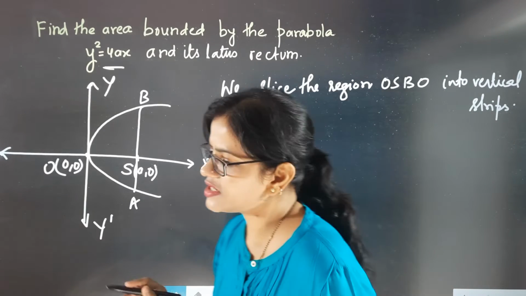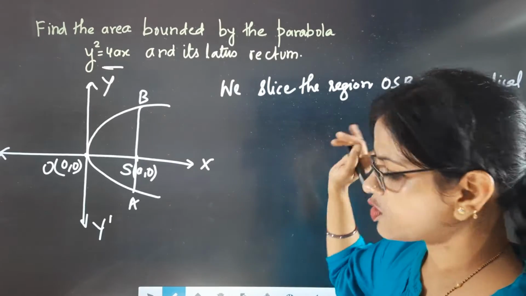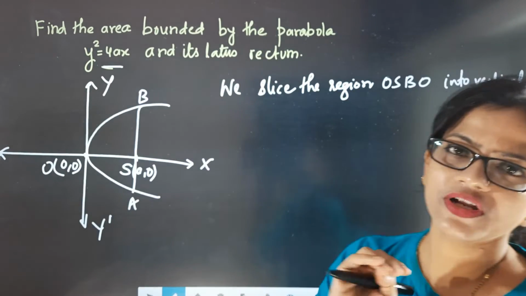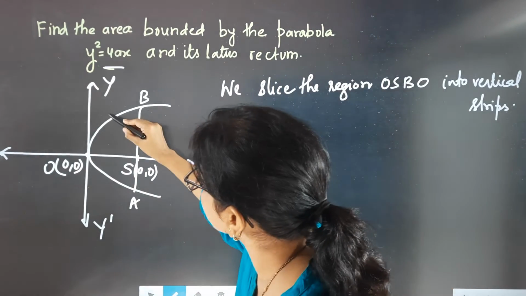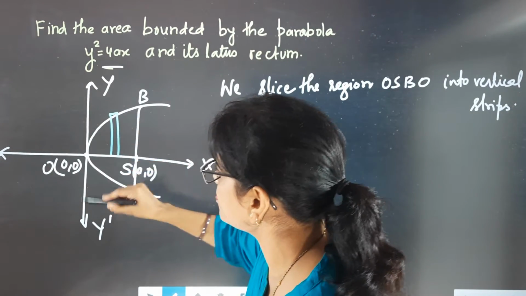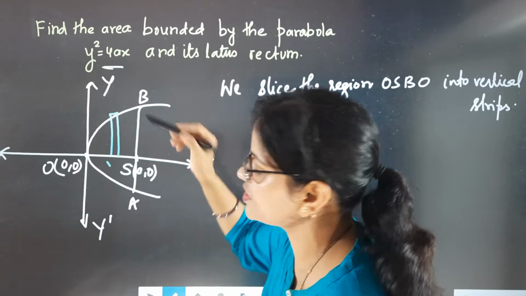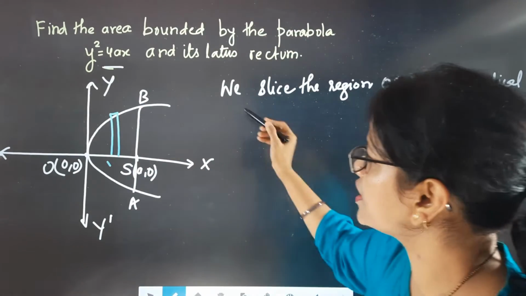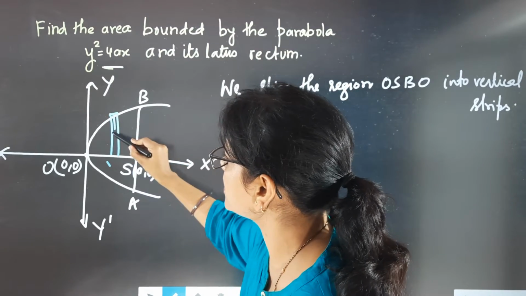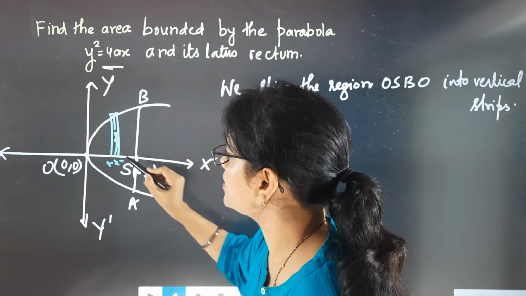So approximating the rectangle, we can approximate the rectangle as one, because we have to find the area of this complete region. Approximating the rectangle as shown in the figure, we can do one thing. This part we will take as y and this part we will write as x.